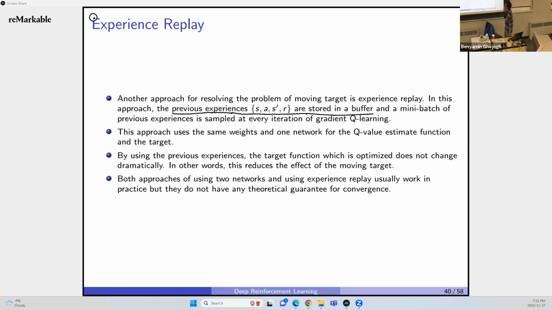S, A, S prime, R. Whatever we do in every iteration of reinforcement learning, we store them. Initially we don't have any previous experience, so initially train as before, but after a while you have stored enough previous experiences. From that step onwards, you only get your mini batches for training from the previous experiences.